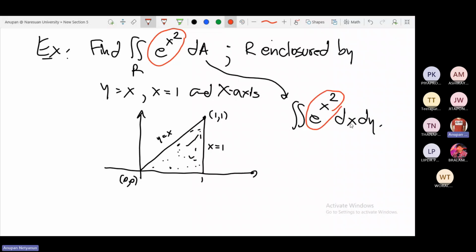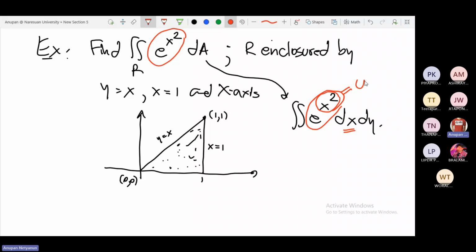Because if you want to do the integration with respect to x first, in order to integrate this function, you might want to think about integration by substitution with another variable. Usually we use u, right? So I might want to set this to be your u.